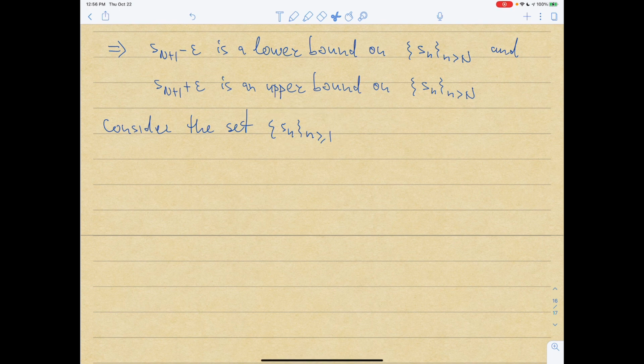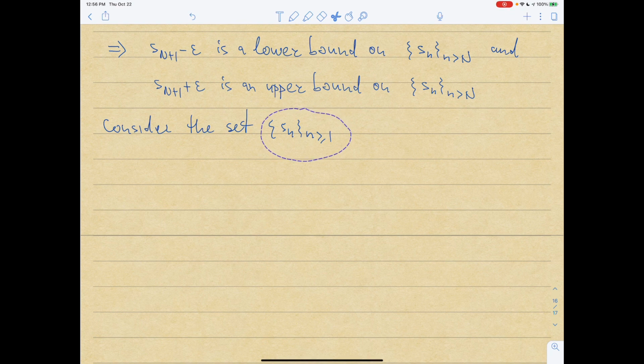And if it is a subset of this set, then the upper bound on the set starting from n equal to 1, what can happen to the upper bound? Can it become lower for a larger set? No, right? Because as we discussed before, the upper bound on a larger set automatically has to be larger.